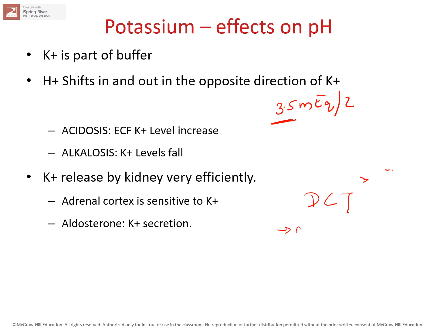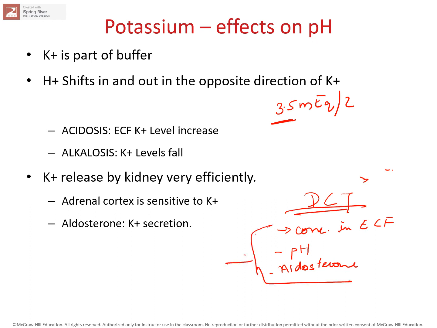It is regulated by the concentration in extracellular fluid. And the second one is the pH. And the third condition is the level of aldosterone. So these are the three conditions that determine the tubular secretion of potassium.